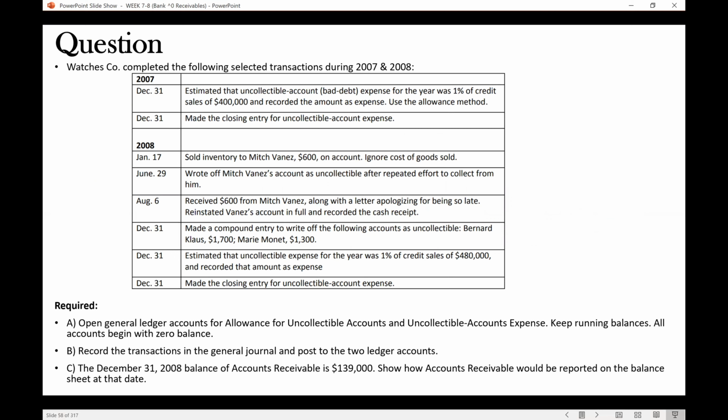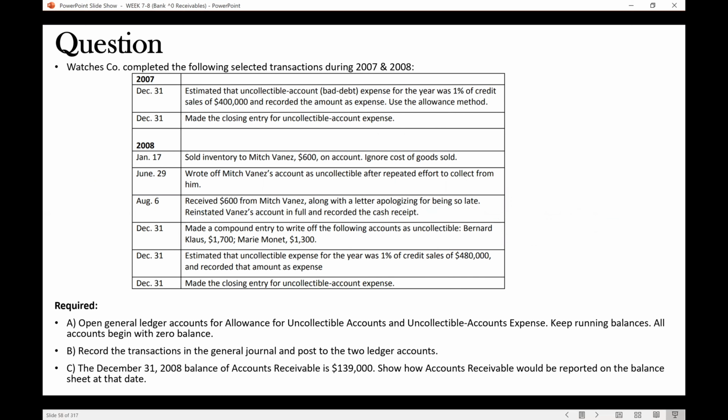So we would have done A and B because we would have opened the ledgers, we would have journalized, and we would have posted to the ledgers. So here it says C on December 31st, 2008. So after all this, the balance for accounts receivable is 139,000.